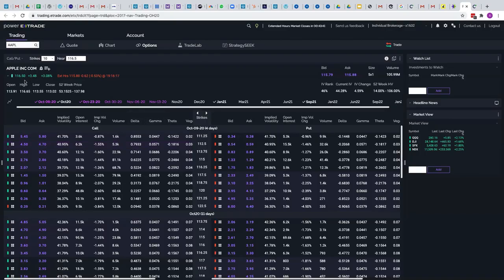So if you're talking about 116.50, what is the intrinsic value? Intrinsic value is the difference between the stock price and the strike price that you're considering. So 116.50 minus 115 is $1.50. So that means my intrinsic value is $1.50. You have to remember this is expiring this week. So where does the additional $1.36 come from?